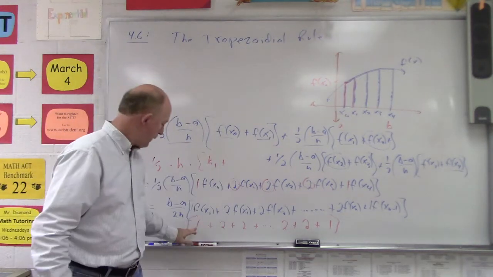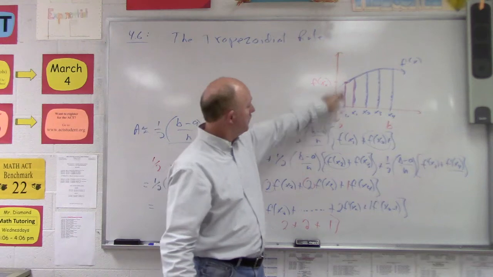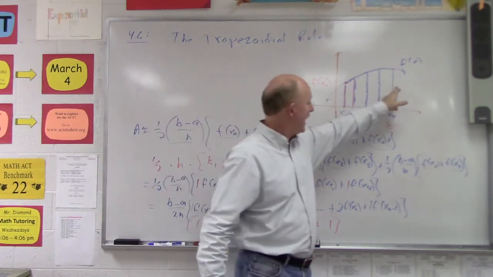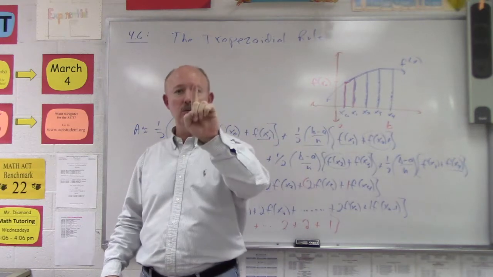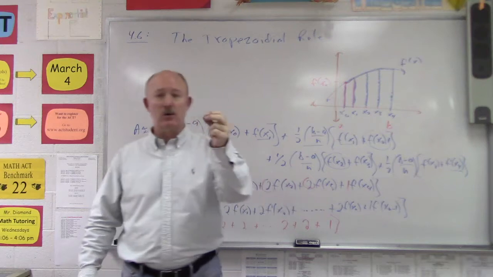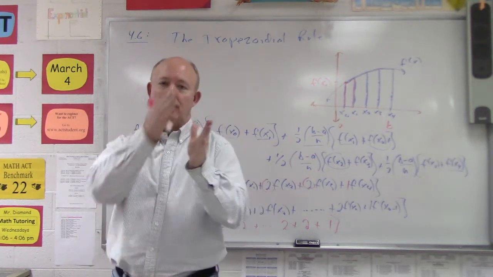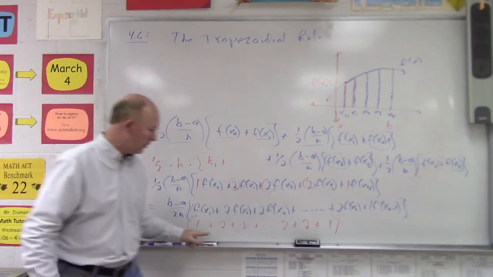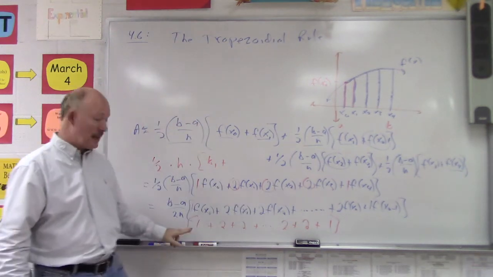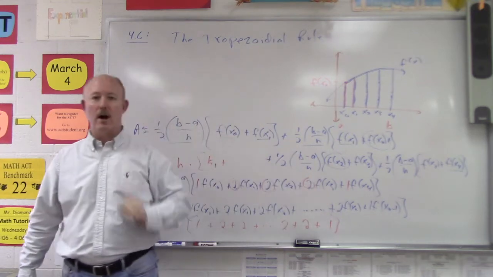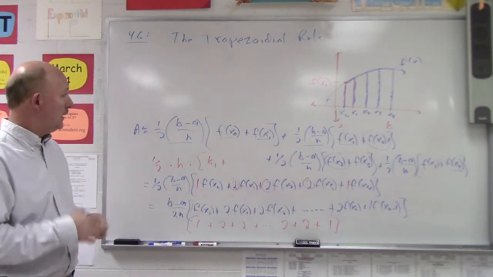The first base is only used one time by the first trapezoid, and the last base down on the end is only used one time by the last trapezoid. All the bases in between are going to be used 2 times because they're shared bases for 2 different trapezoids. So the coefficients go like this: 1, then all the rest of them are 2, and then the last one is 1 also.